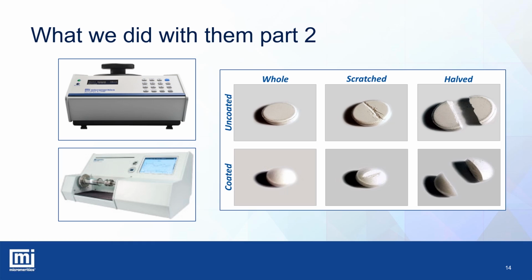So we took the enterically coated aspirin as they are coated, and we wanted to see if this is a sensitive enough test to allow monitoring and therefore control of the coating process. Rather than testing multiple tablets per sample, we switched to testing individual tablets, and we took whole, scratched, and half tablets and measured them. The scratching and the halving is meant to simulate various amounts of damage to the coating layer or varying degrees of incomplete coating.